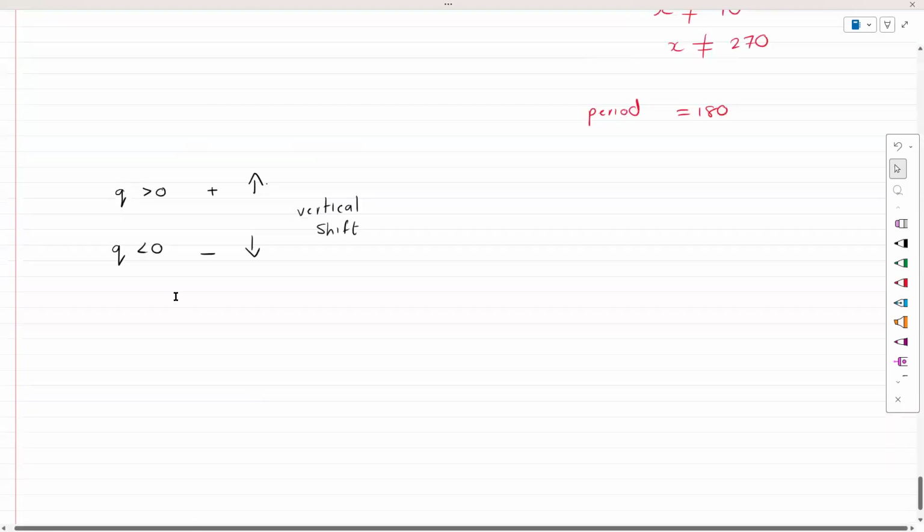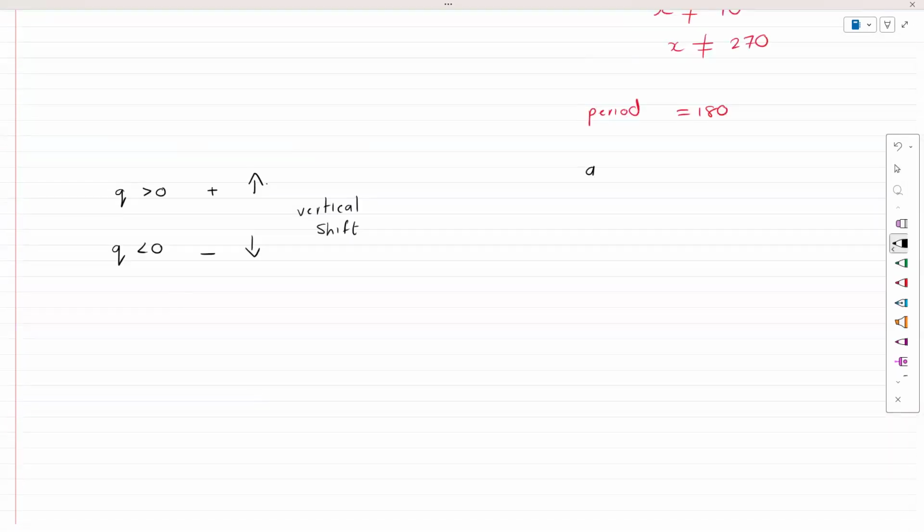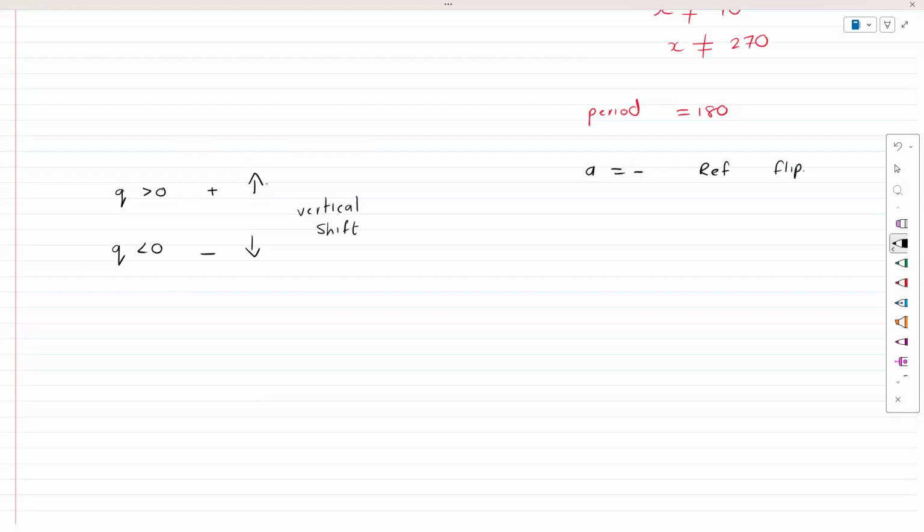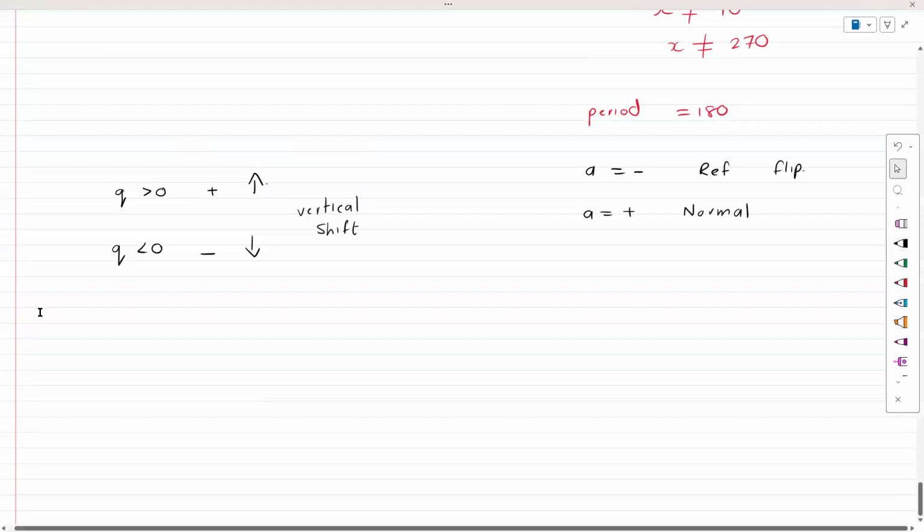Remember that if A is negative, this is a reflection. The graph's going to flip. And when A is positive, it's normal. There's different parts because the graph stretches differently, but I'm going to give you guys notes, parts that you guys can deal with quite simply.